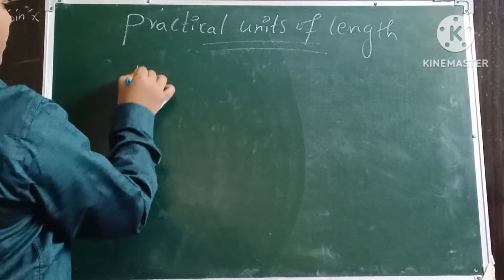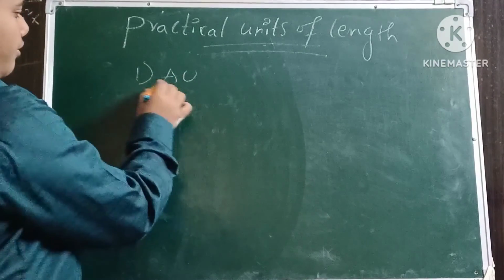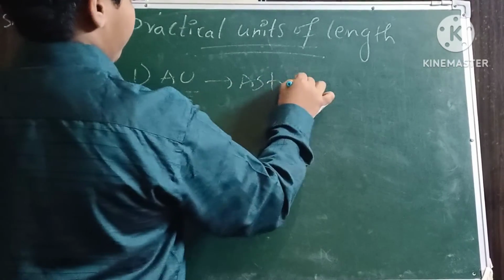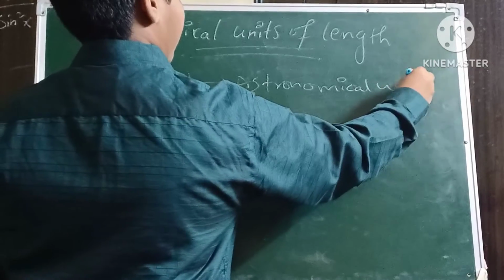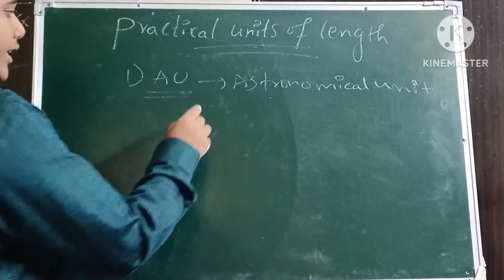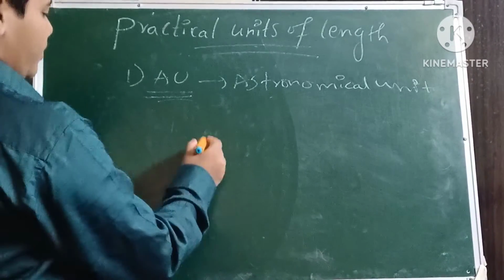In this, the first practical unit of length is AU. AU means astronomical unit. The AU is nothing but the distance between sun and earth.